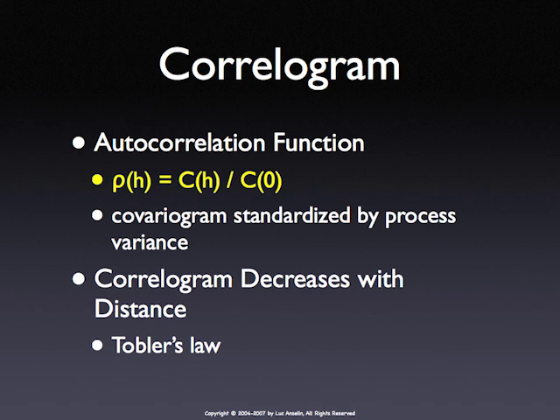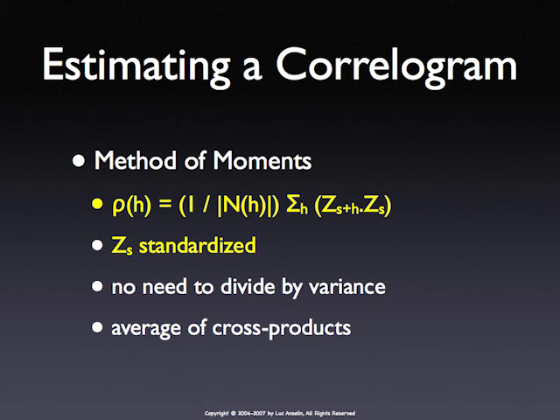And the way this is easiest done in practice is to standardize the variables. You take out the mean. You standardize them so that their variance is 1. And then you simply, just like with the variogram, take a bin of a given distance width, take all the pairs of observations that fall into that bin, and compute their average cross product.